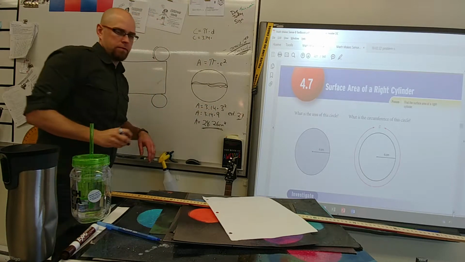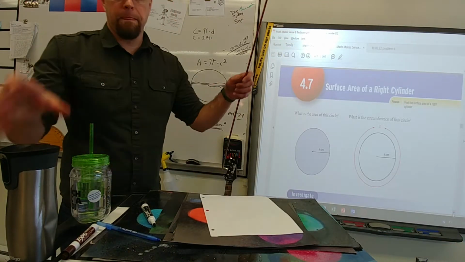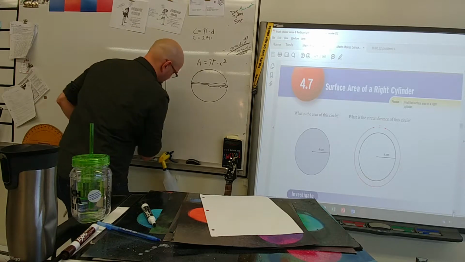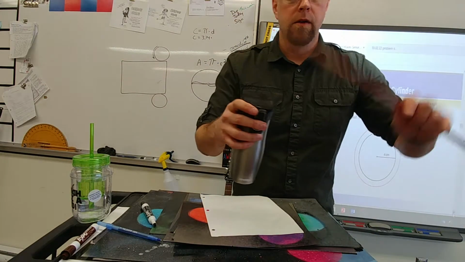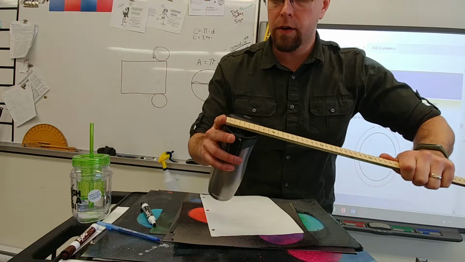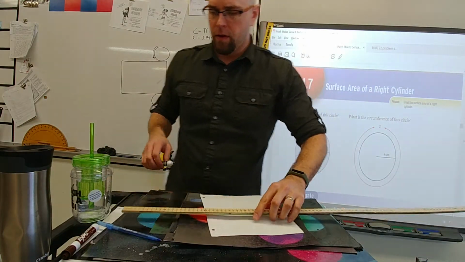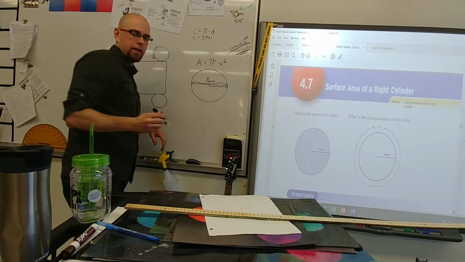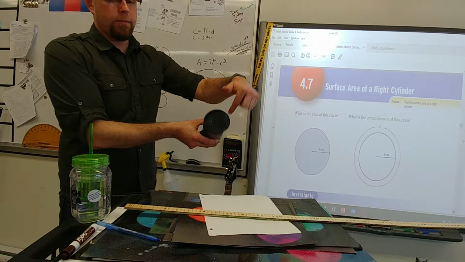So let's try this out. First, let's start measuring the cup. Our cup is measuring 8 centimeters across. So now that I have 8 centimeters, I can find the area of the top of my cylinder, and I can also find the circumference.